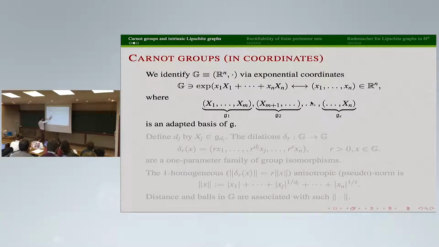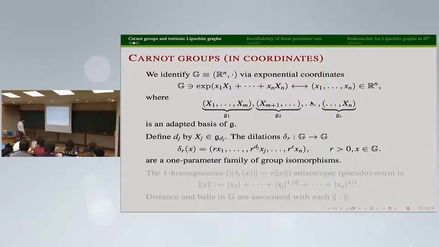So we start by fixing the basis of the algebra that we choose to construct exponential coordinates, and it's done in such a way that we start by listing some elements which form a basis of the first layer, then we list a basis of the second layer, and so on.